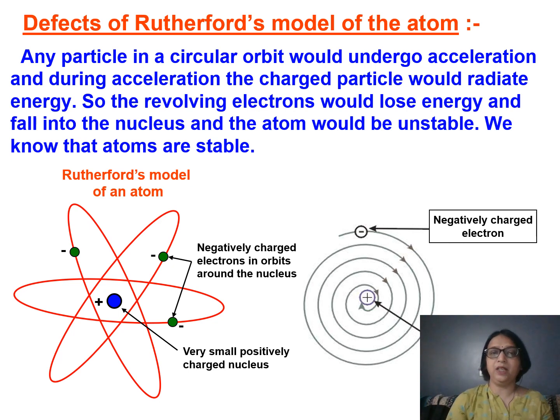So the revolving electrons would lose energy and fall into the nucleus, and the atom would be unstable. We know that atoms are stable. Here you can see the negatively charged electrons in orbits around the nucleus. They are revolving. After some time, after losing energy, they will come into the nucleus.